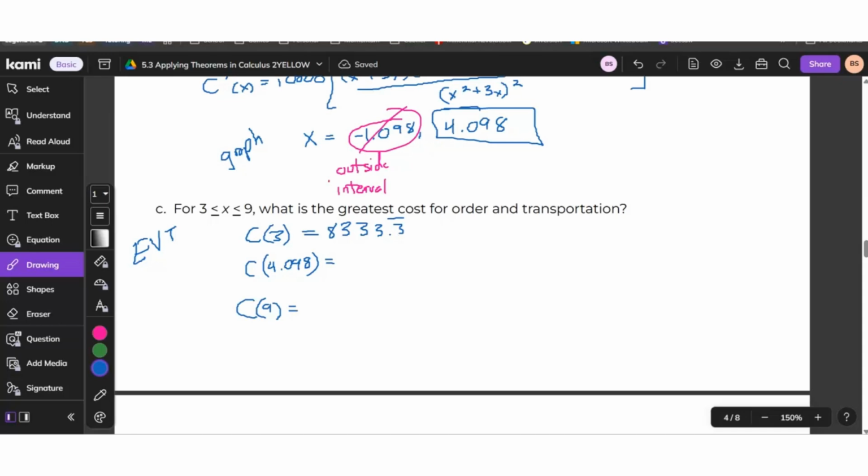Girls are doing 9. Into the original equation, yep.